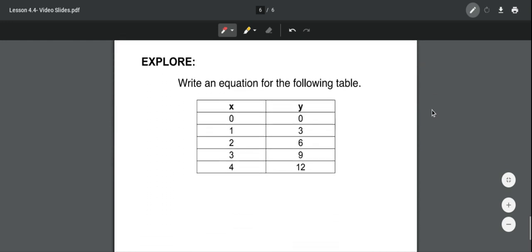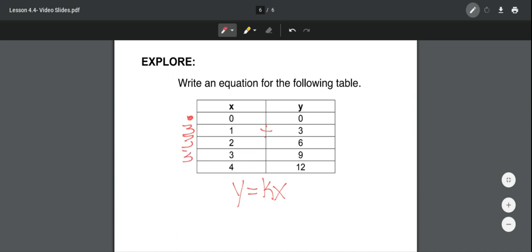Let's write an equation for this table. Again, our format is y equals kx. When I divide, we both have it starting at the origin, which makes it very important in determining the y equals kx. 3 divided by 1 is 3. 6 divided by 2 is 3. 9 divided by 3 is 3.